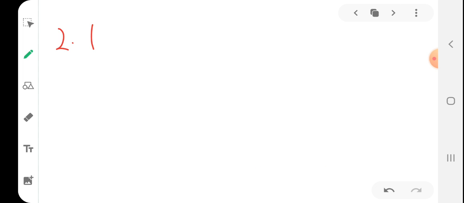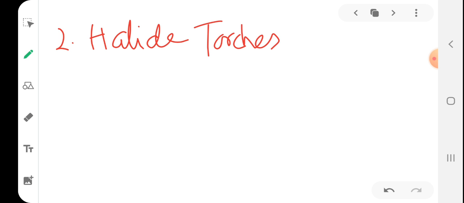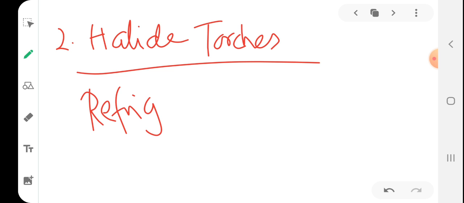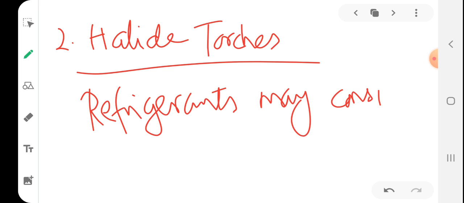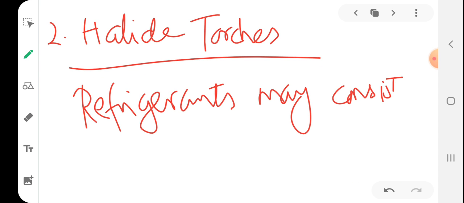Second one is halide torch. So you know what actually halide is? Halide means its composition is halogen. It consists of halogens. Halogens means chlorine, bromine, such kind of elements, right? So naturally, refrigerants may consist of chlorine.